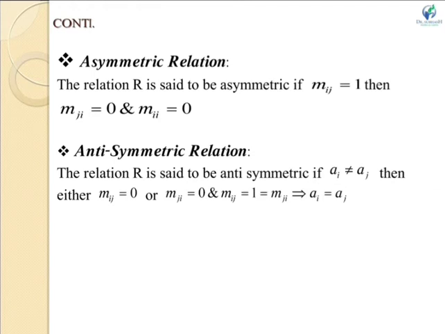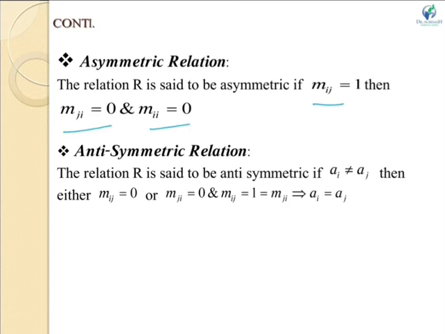Next is asymmetric relation. The relation R is said to be asymmetric if Mij equal to 1, then Mji must be equal to 0, and Mii must be equal to 0. Asymmetric means if (x, y) belongs to R, then (y, x) must not be in R. The same thing is denoted in terms of the matrix.